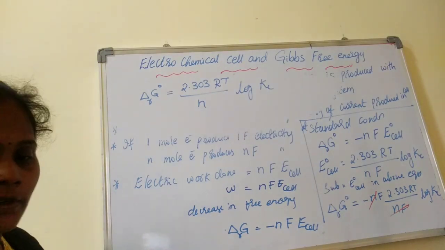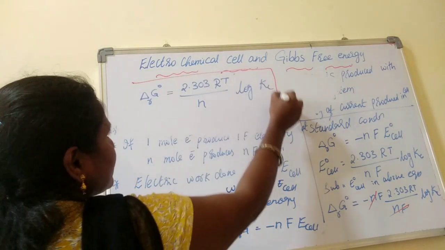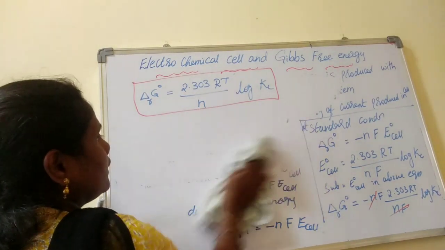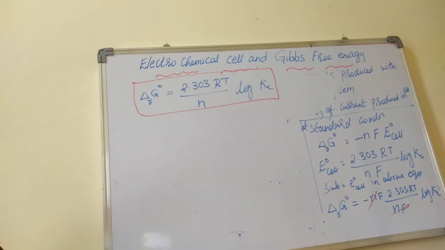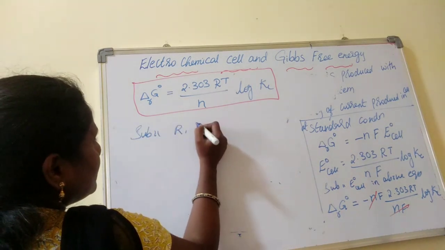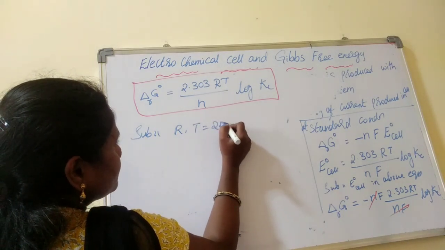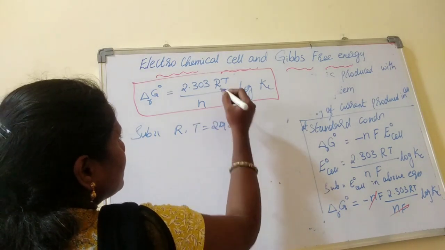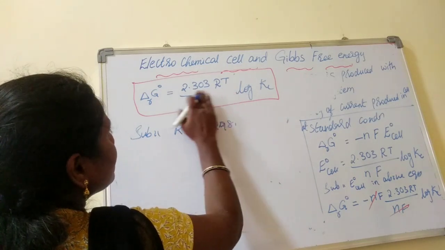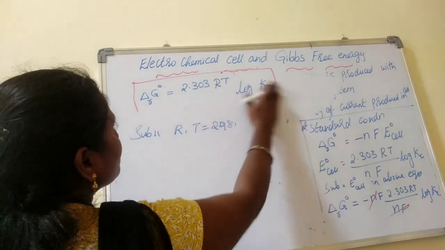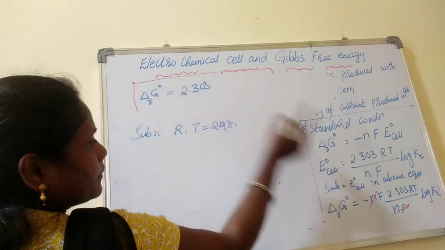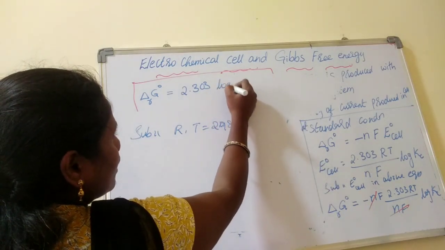This is one equation I can write, or I can substitute my R value, substituting R T at 298 Kelvin. And no, here no n, right? Yes, both get cancelled. Therefore, you will get only 2.303 RT log Kc.